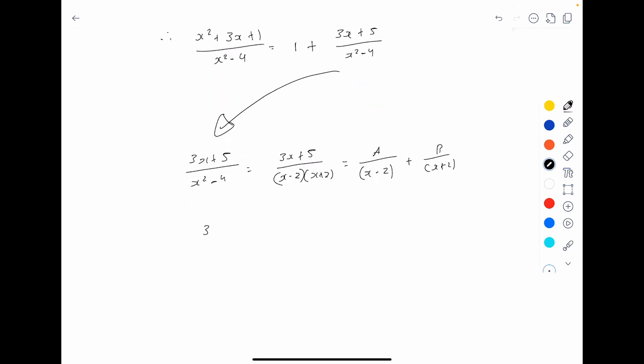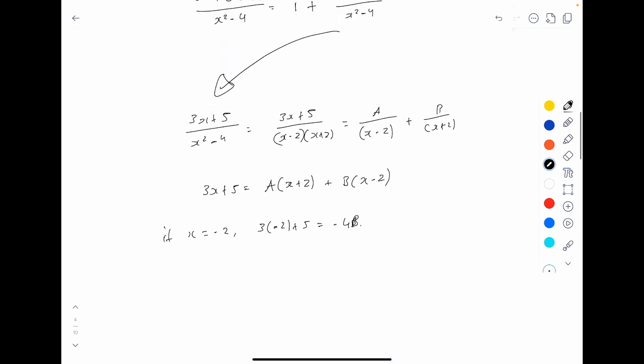Which means that 3x plus 5 is going to equal A times x plus 2 plus B times x minus 2. So if x equals negative 2, we got negative 4B here. So we've got negative 6 plus 5, negative 1. B is equal to a quarter.